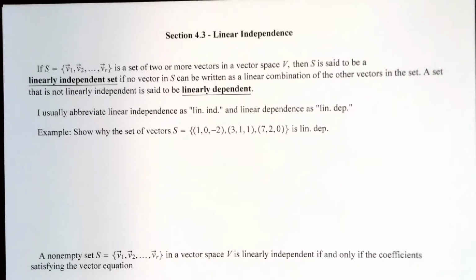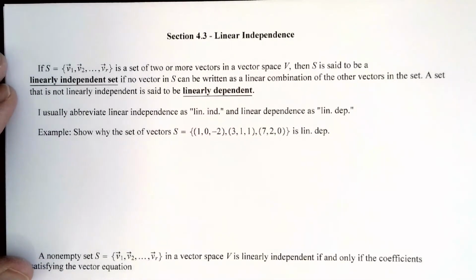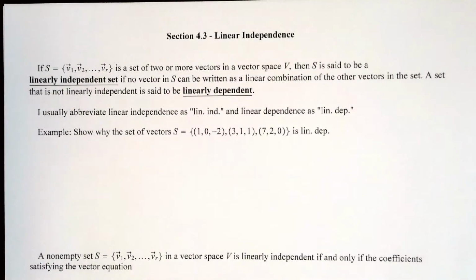Let that sink in for a minute. So no vector in the set can be written as a linear combination of the other vectors in the set. And we talked about linear combination last time. If a set is not linearly independent, then it's said to be linearly dependent.